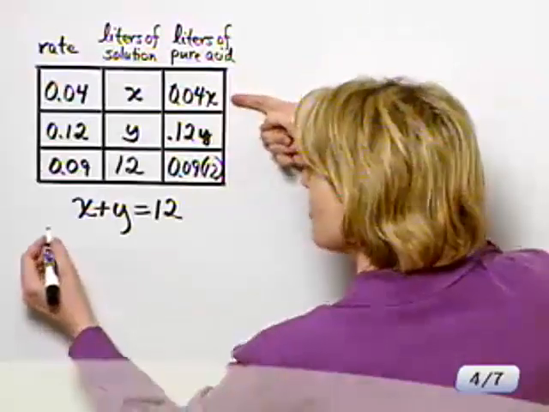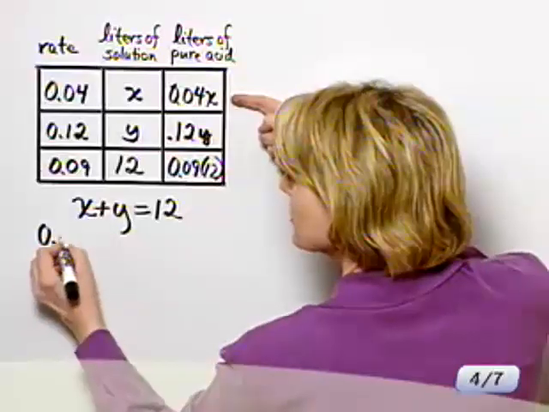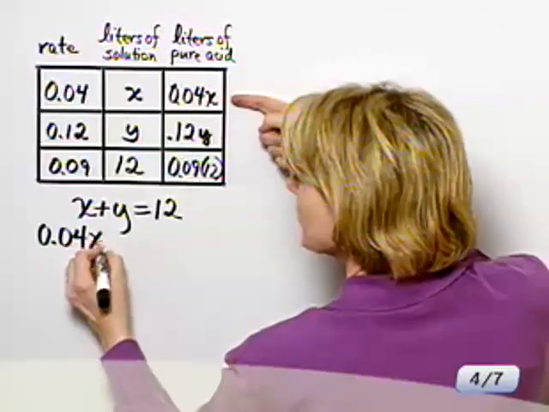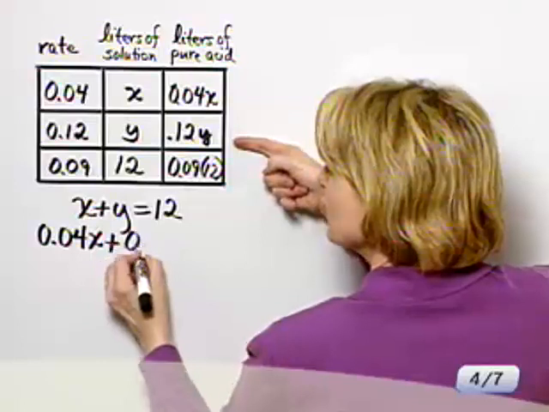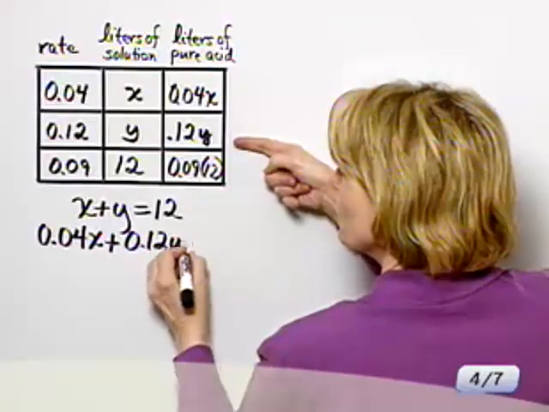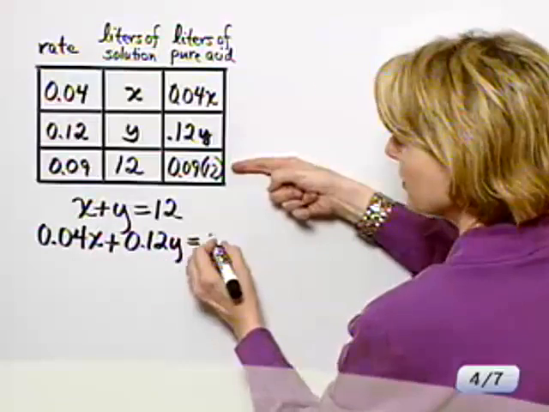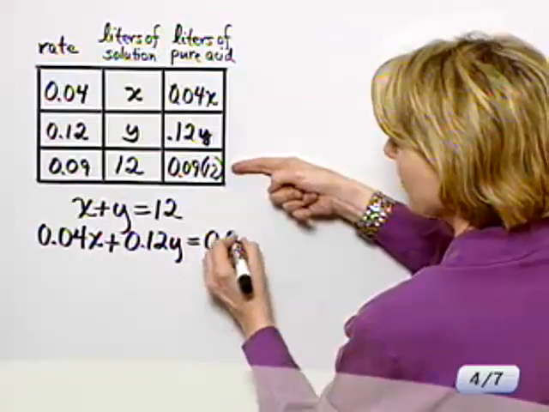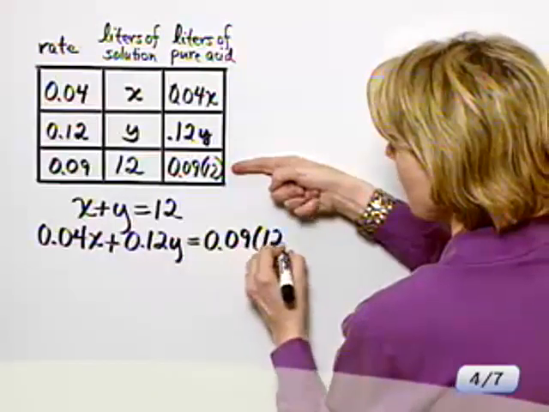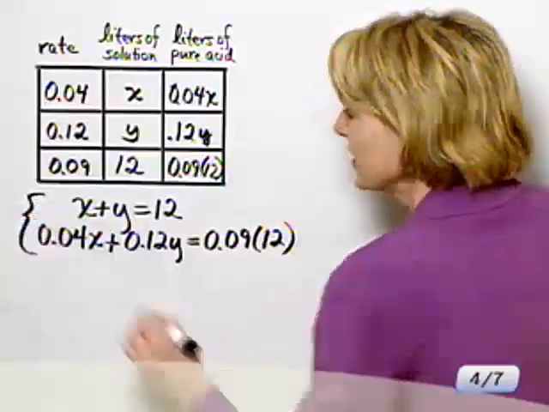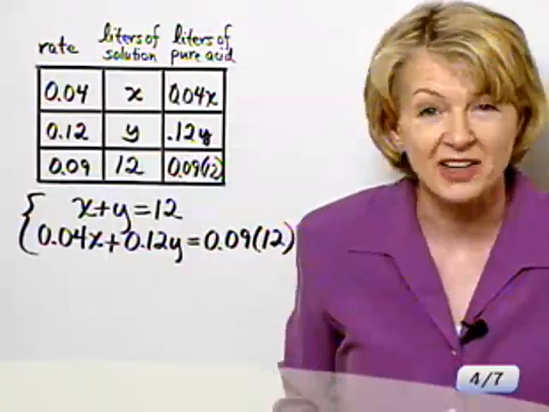So this amount, 4/100 x, plus this amount, 12/100 y, equals this amount, 9/100 times 12. And here is your system of equations.